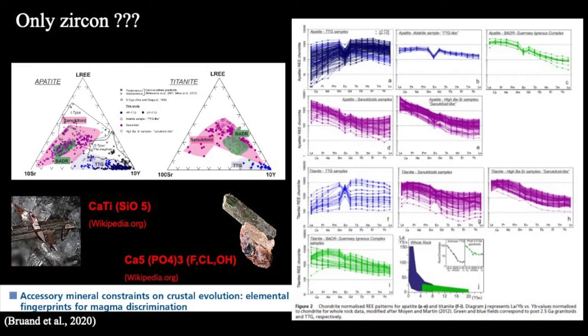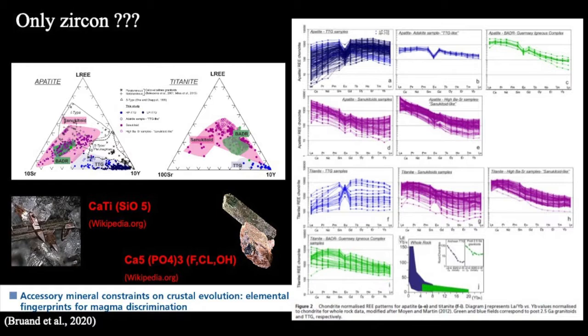And the same, we may use normalized rare earth element diagrams. The normalization is to chondrite, but the normalization can be to other sources, for instance, to primitive mantle. And with the use of apatite and titanite, we also may differentiate between some rock types.